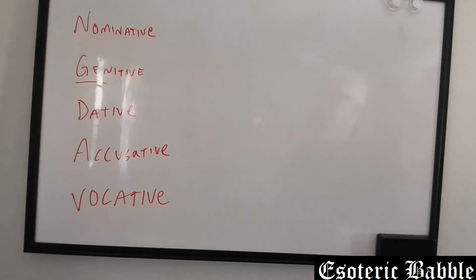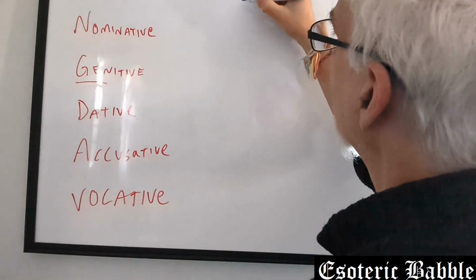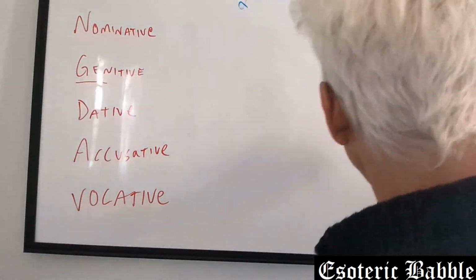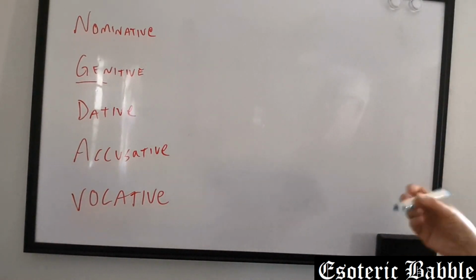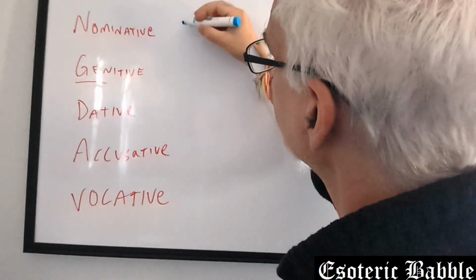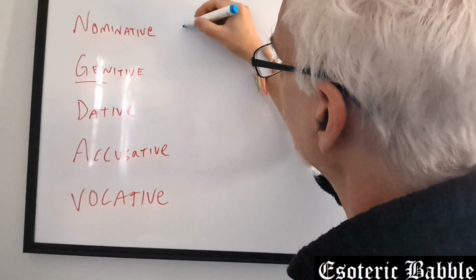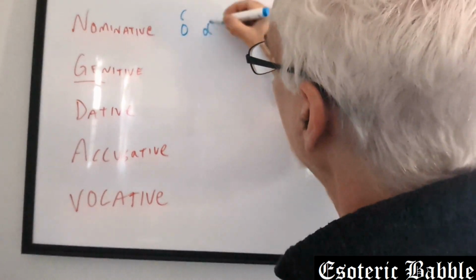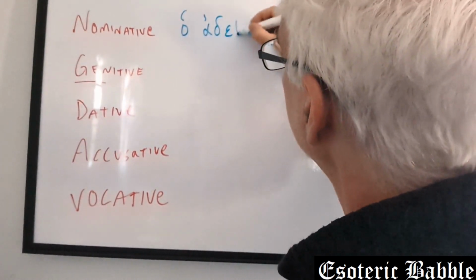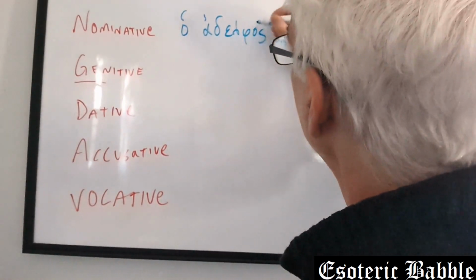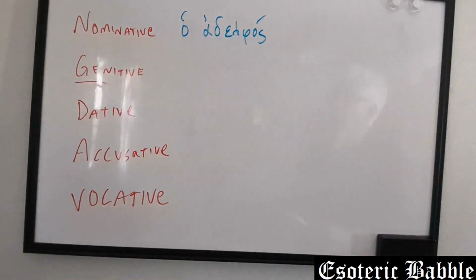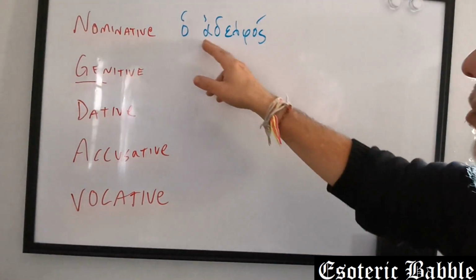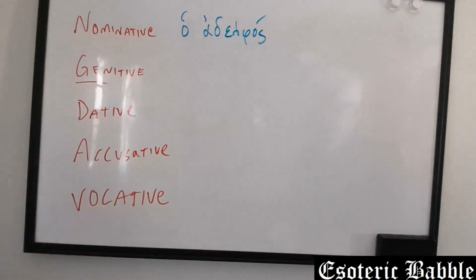So we're going to take a word. We're going to take the word adelphos, and we're going to use the definite article with it. Ho adelphos. Hopefully you can read. That's a lambda and a phi there.